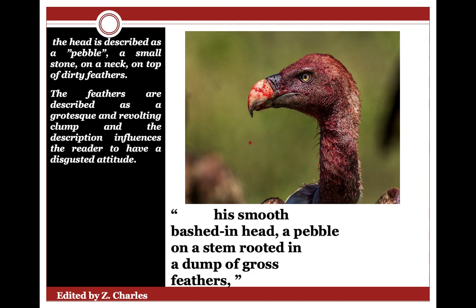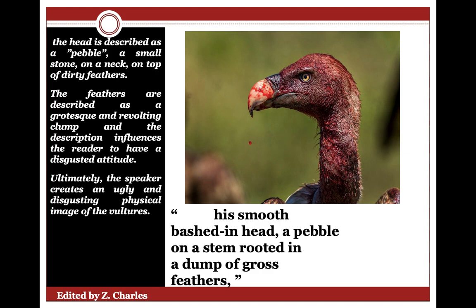So when you read that, his smooth, bashed in head, a pebble on the stem rooted in a dump of gross feathers, right? It's not a beautiful dove or eagle that they are describing in this context. Look at the vulture, right? It's been described as having a bashed in head on a small pebble head, right? On a dump of disgusting gross feathers. So think about that, right? Picture that.